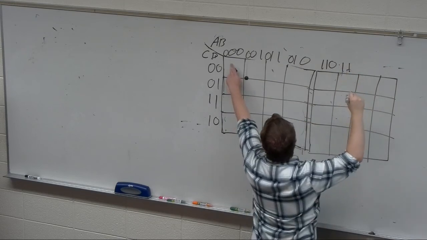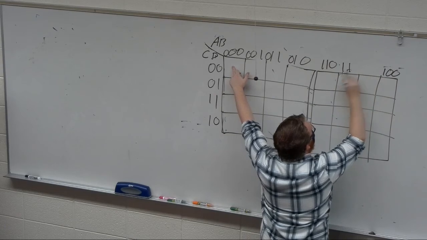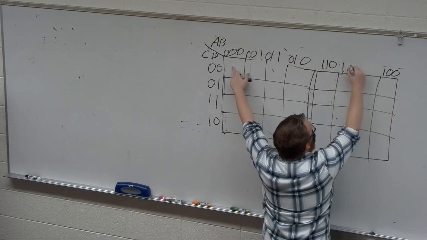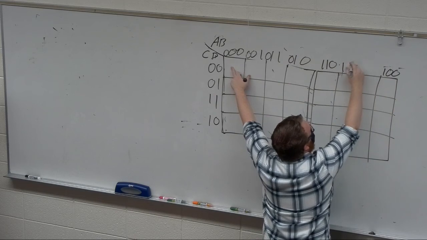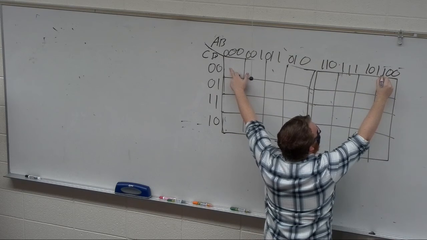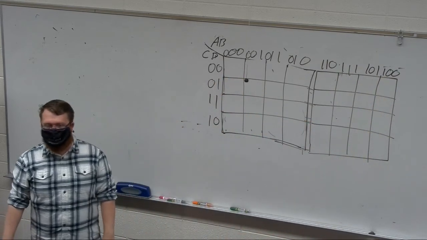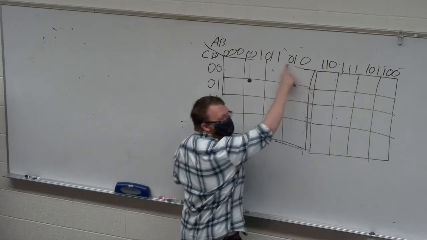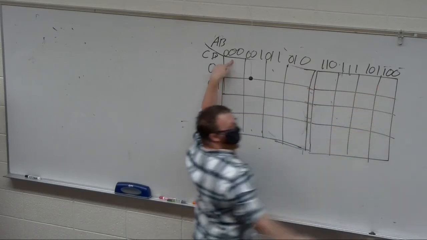So we need to end up at 1, 0, 0. 1, 1, 0, 1, 0, 1. 1, 1, 1, 1, 0, 1. There we go. These are still logically adjacent, and this and that are still logically adjacent.